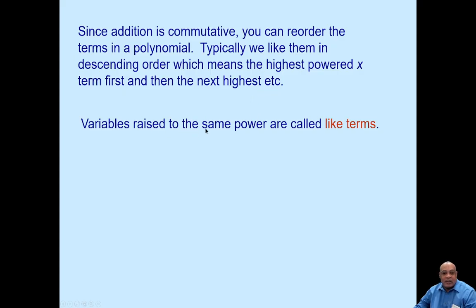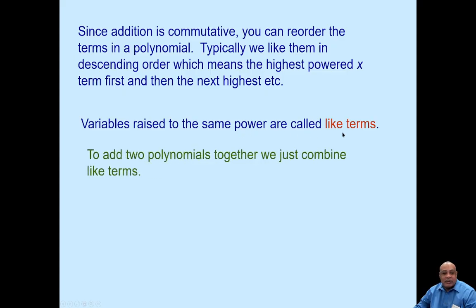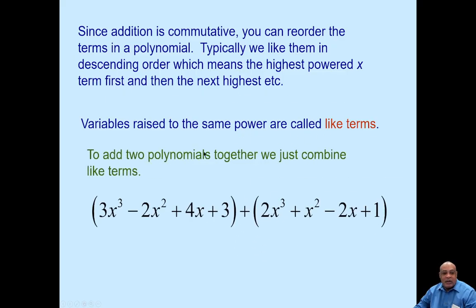Variables raised to the same power are called like terms. To add two polynomials together, we combine the like terms. With like terms, you have the same base raised to the same power. So here you have x terms.